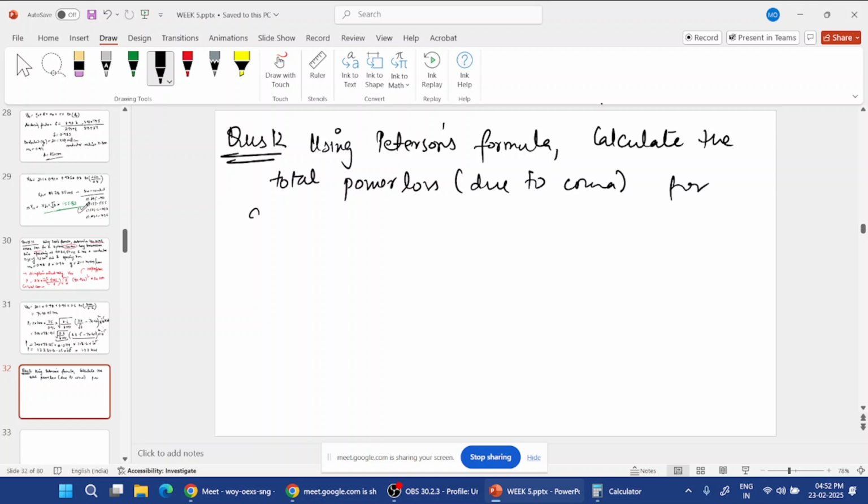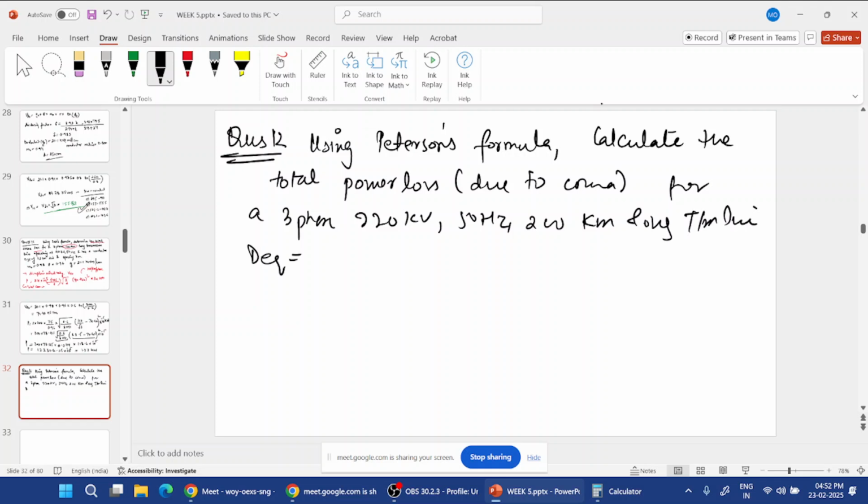for a three-phase 220 kV, 50 hertz and 200 kilometer long transmission line. Having D equivalent 625 R, where D equivalent is the spacing between the conductors and R is the radius of the conductor in centimeter.